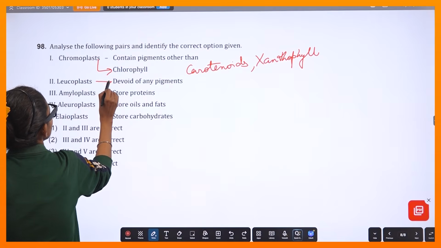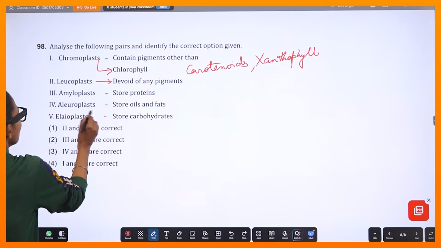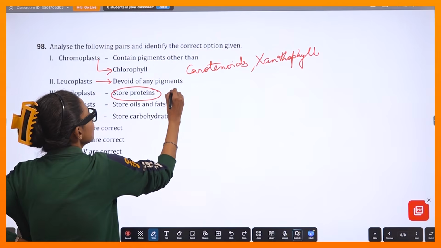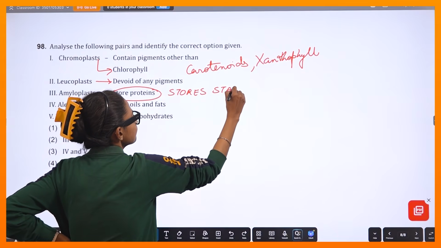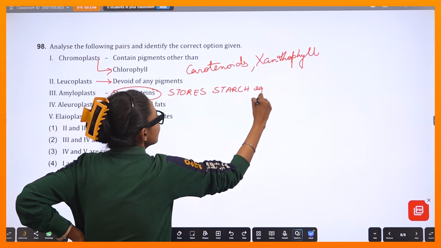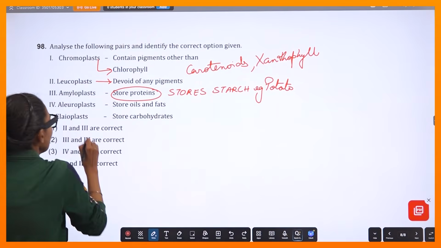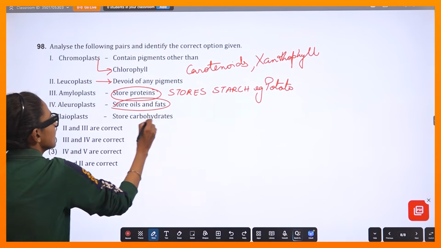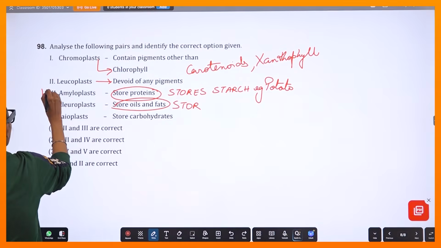So this is also fine. Okay. Amyloplast stores starch, found in potato. Found in potato. Stores oils and fats. False. So this is false.